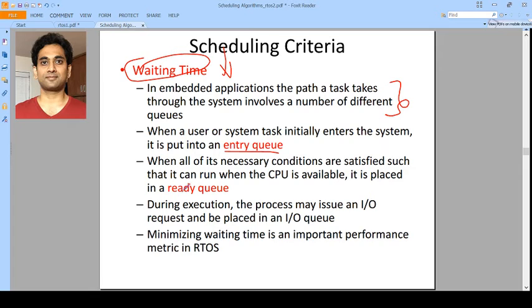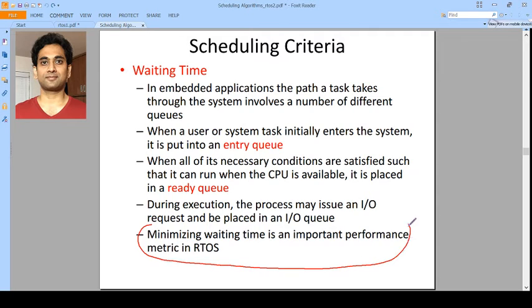There is an entry queue, there is a waiting queue, there is a ready queue just before getting into the run state, and so on and so forth. So minimizing the waiting time is an important performance metric in a real-time operating system. So we can come up with a scheduling algorithm which tries to minimize the waiting time.